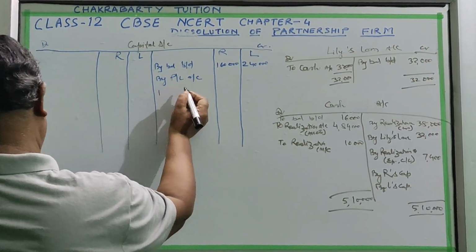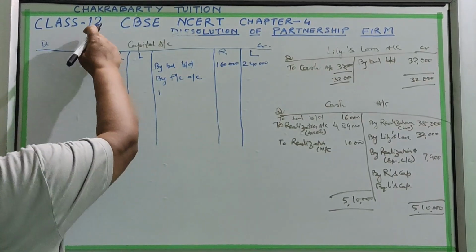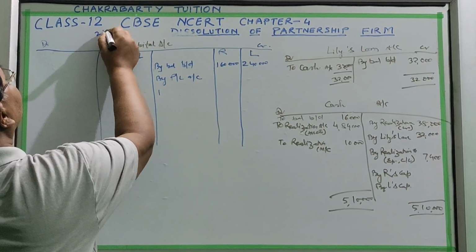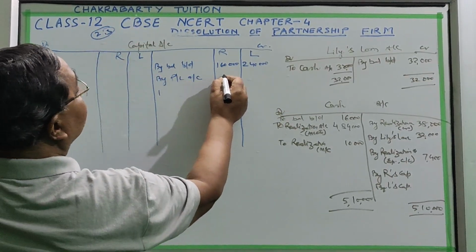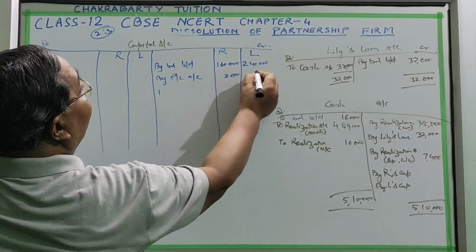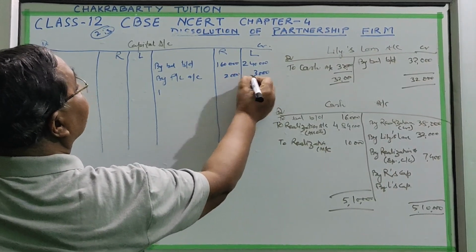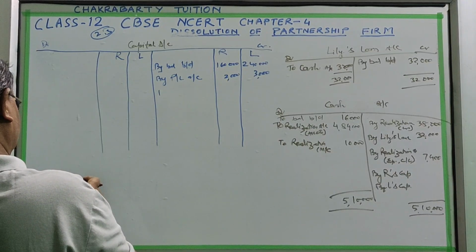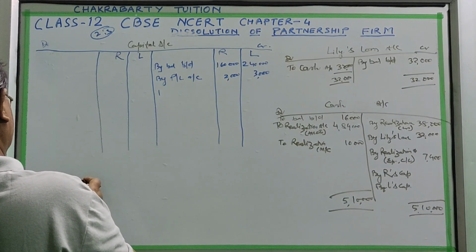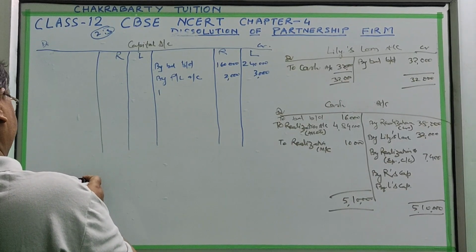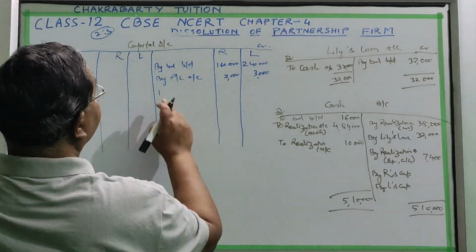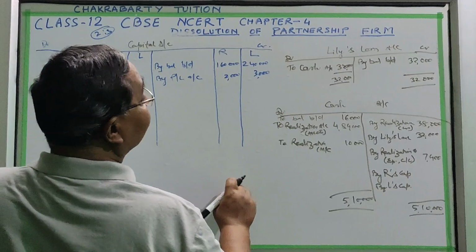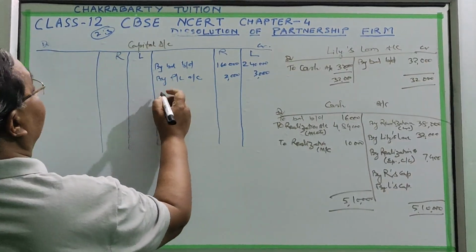So by PL account, 50,000 will be divided into 2:3, their ratio. So 20,000 and 30,000. Then realization account's answer will also come here.